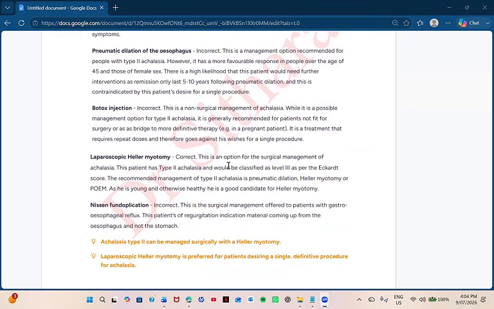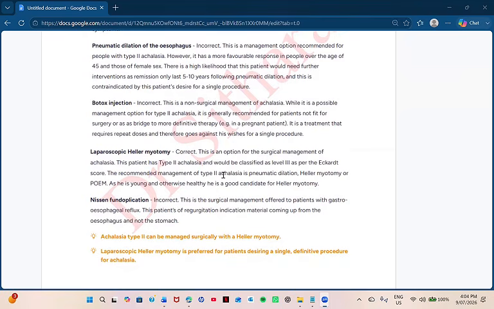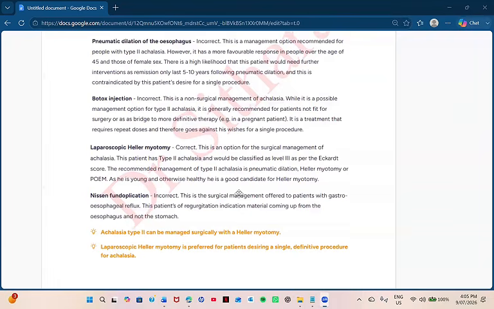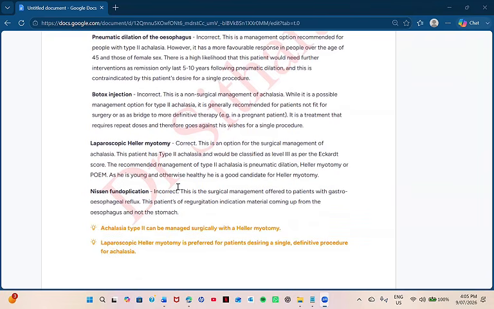Okay, laparoscopic Heller myotomy. This is an option for the surgical management of achalasia. This patient is type 2 and would be classified as stage 3 as per the Eckardt score. I'm not going to explain the achalasia stages and those things, but I want to give an idea about the treatment. The recommended management of type 2 achalasia is pneumatic dilation, Heller myotomy or POEM.